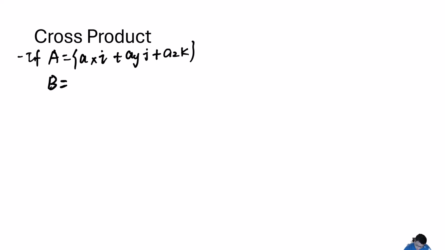So how do we calculate the cross product? Say vector A is given as AXi plus AYj plus AZk, and we have another vector B, BXi plus BYj plus BZk.